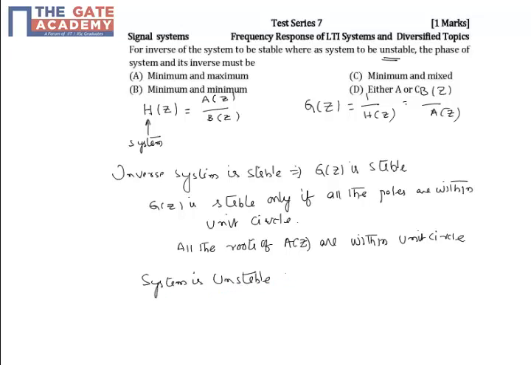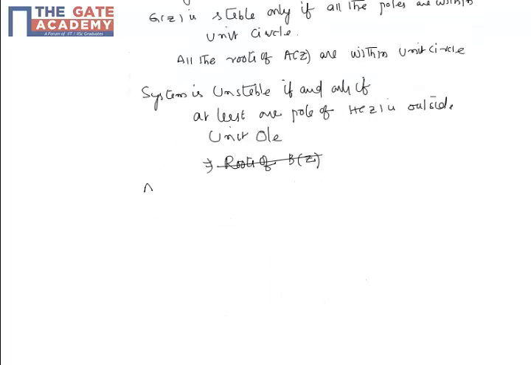The system is unstable if and only if at least one pole of H(z) is outside the unit circle, that is, at least one root of B(z) is outside the circle.